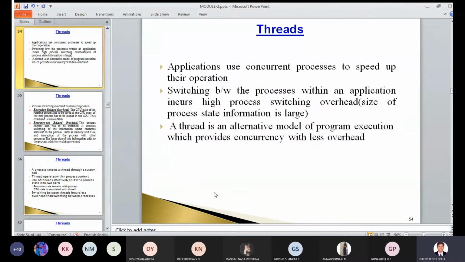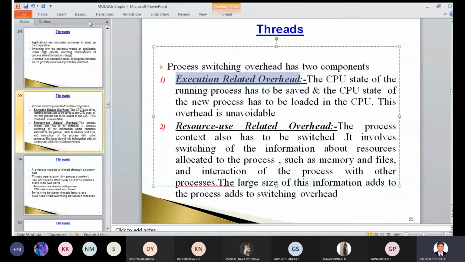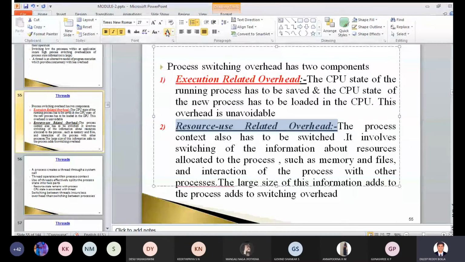Okay. So that's what we have seen, and we have seen that the switching of the process will have two overheads. One is based on execution, we have the overhead. The other one is based on resource overhead.